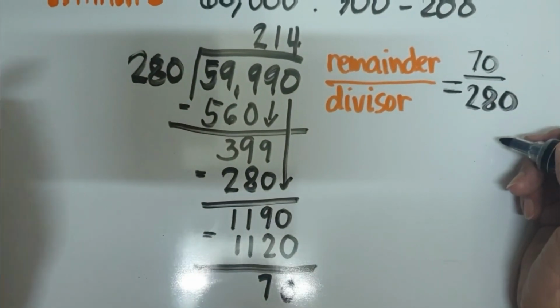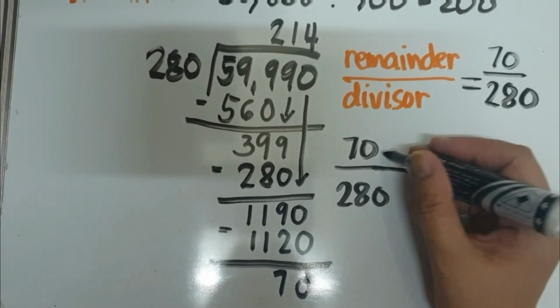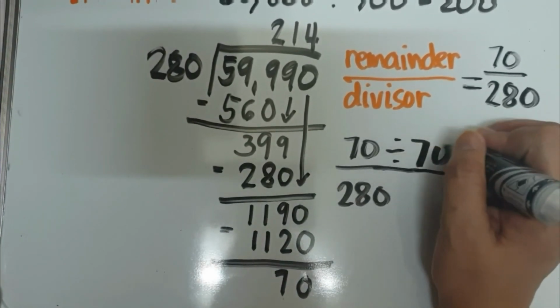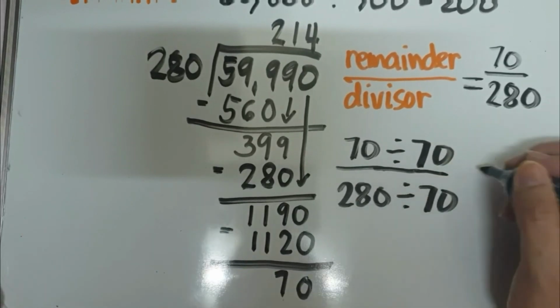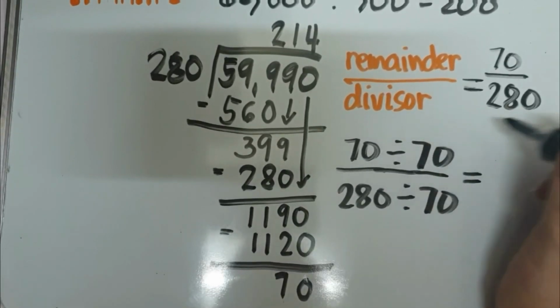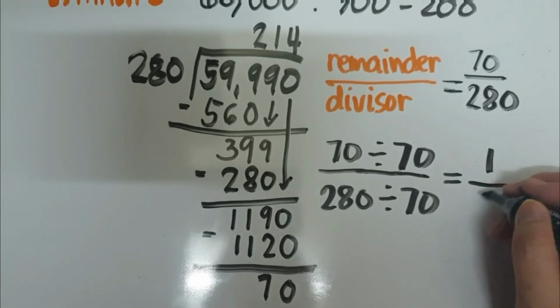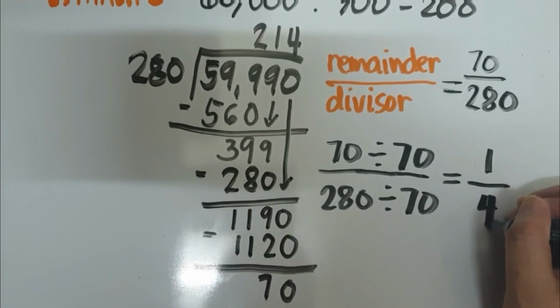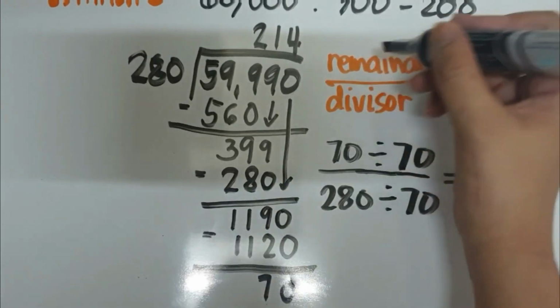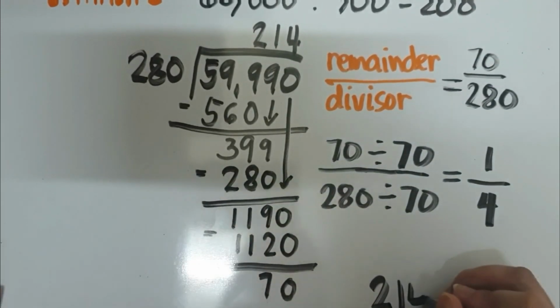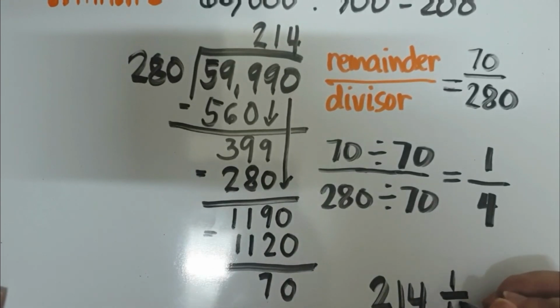And then, simplify. 70 and 280 both can be divided by 70. So, that will give us 70 divided by 70 is 1. And 280 divided by 70 is 4. So, our answer will be 214 and 1/4.